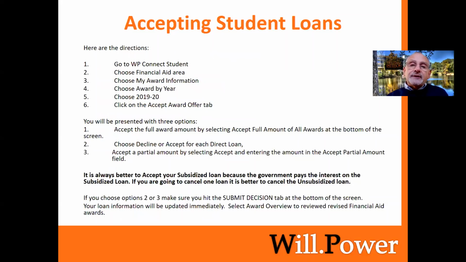At William Paterson University, we offer you loans. You do not have to accept the loans if you do not want. You could either accept or decline your loans. You could accept your subsidized loans and decline your unsubsidized loans, or you can accept a combination of the two.